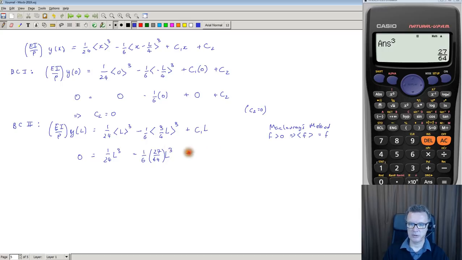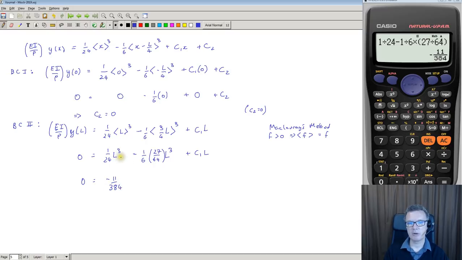And then I've got C1 L. So notice I need to divide through by L here and tidy up a little bit. So 0. So that's going to leave me with, let's use the calculator to do the work for me, 1/24 take away 1/6 times by 27 divided by 64. So that's minus 11/384.